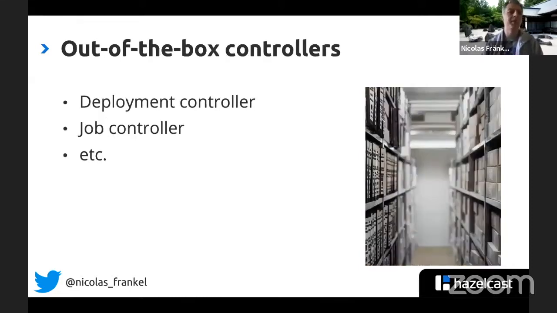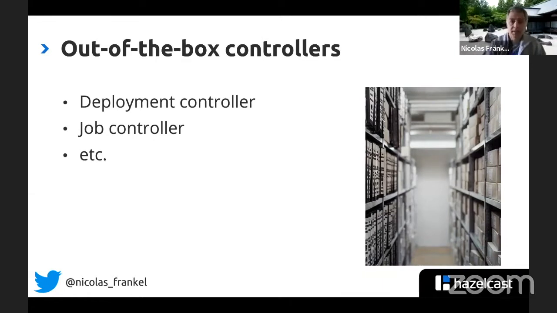And if you have been doing Kubernetes already, you know, for example, about one of the most used ones, the deployment controller or the replica set controller. Basically, you say, oh, I want a deployment of 3 replicas, and you manually remove one. And because of this control loop, Kubernetes will say, oh, I want 3, but I have only 2, so I need to spin up 1 additional. And this is made for you.